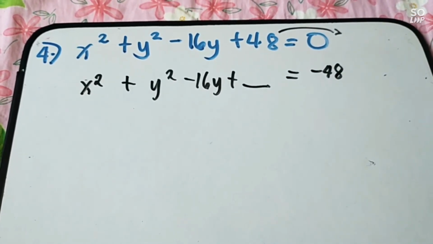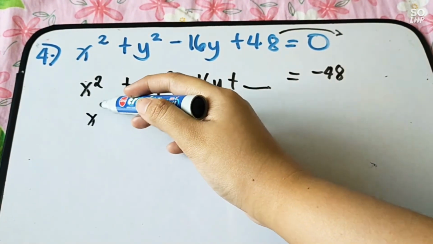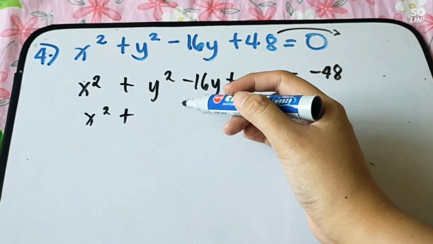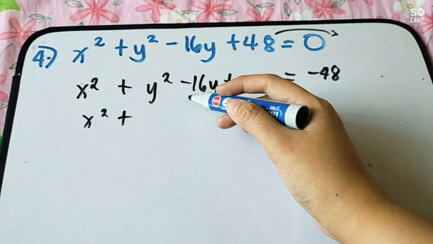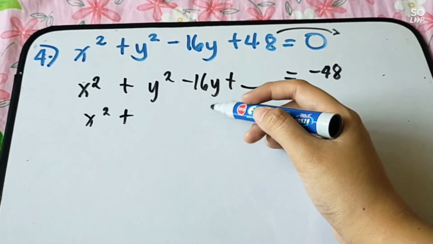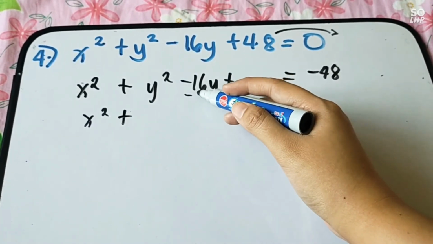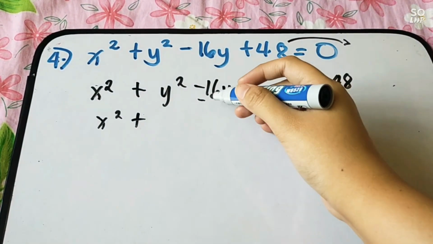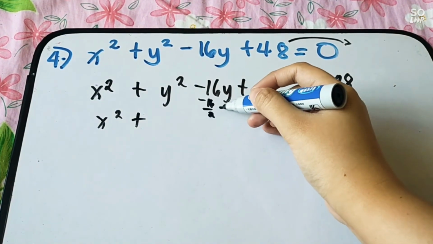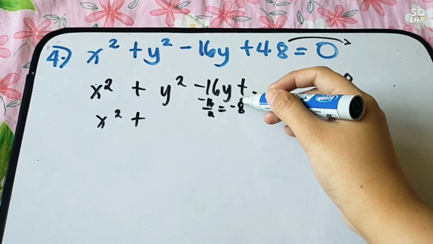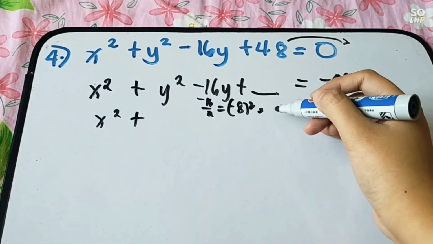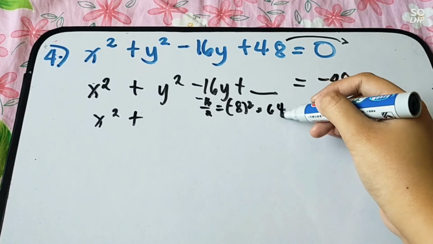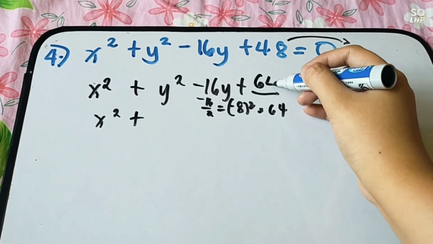Next, x squared is just x squared. Then, plus, let us complete this square. So, we have here negative 16. It becomes 16 divided by 2. We have here negative 8. Squared, the answer is 64. So, plus 64.